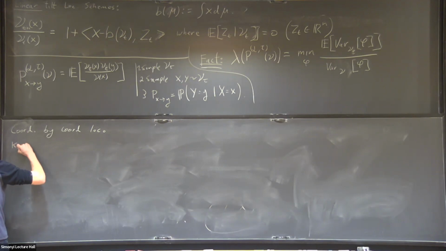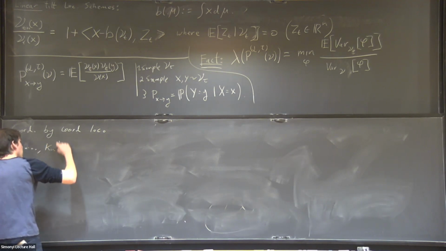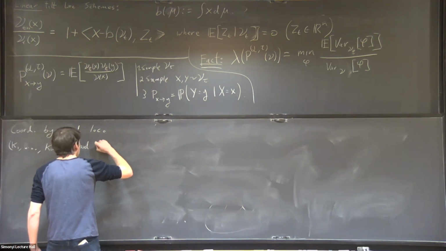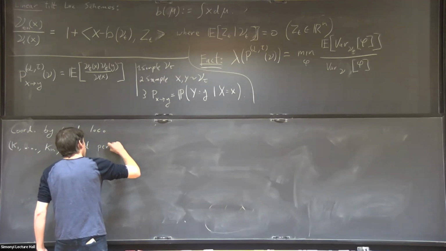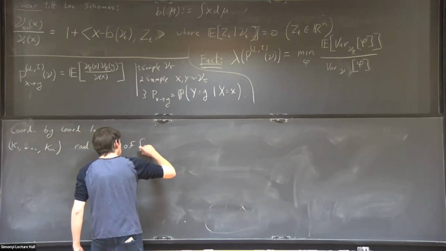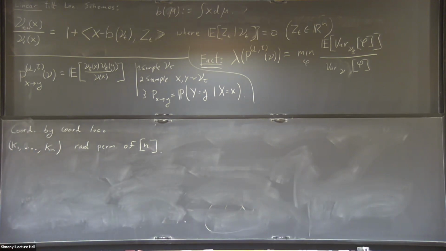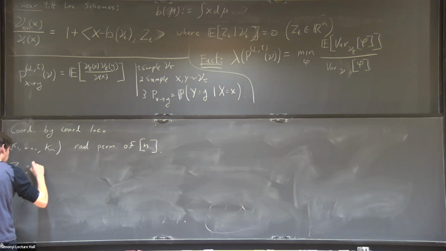First, we'll generate K1 up to Kn, a uniformly random permutation of the numbers 1 to n, which corresponds to the order of coordinates that we are exposing. And now I'm going to define zt, I'll just give you the formula.